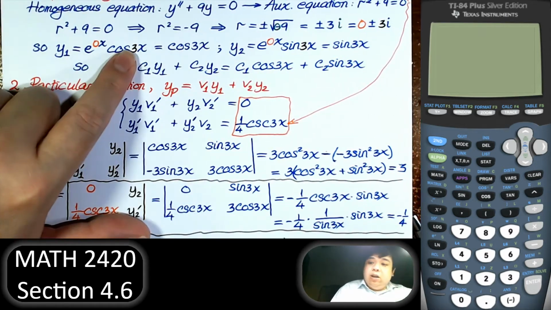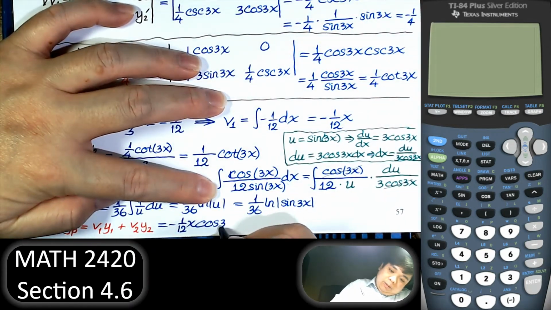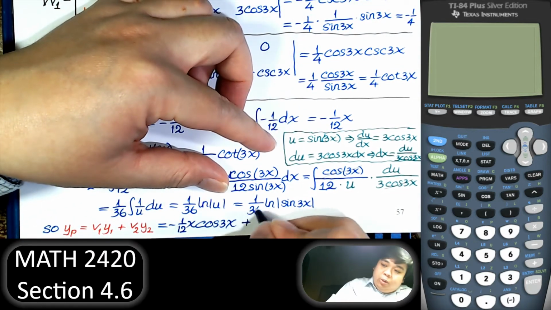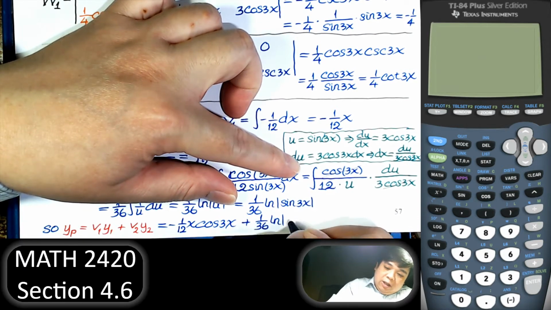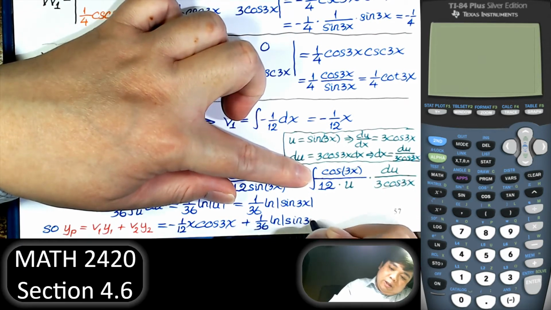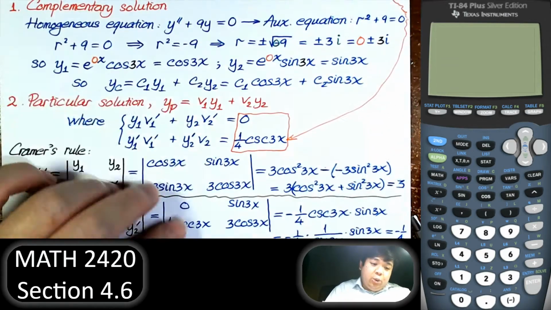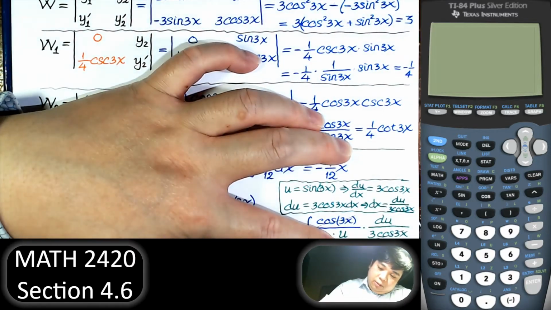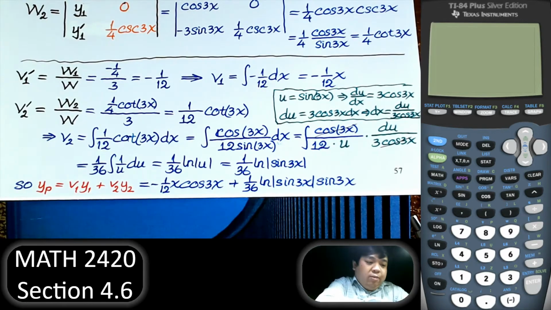Y1, cosine of 3x. And then plus V2, 1 over 36 ln sine of 3x. And then y2, sine of 3x. Right, so we have the particular solution.